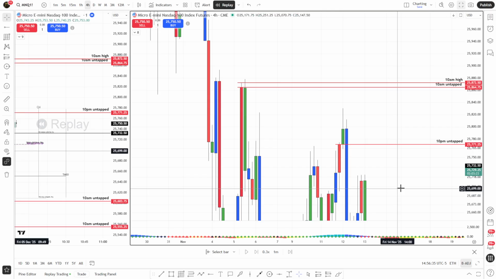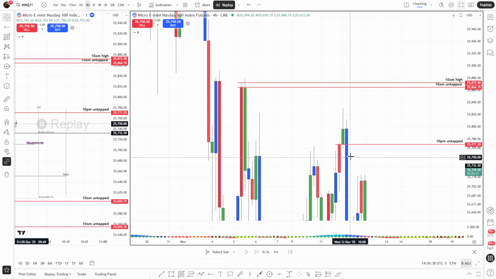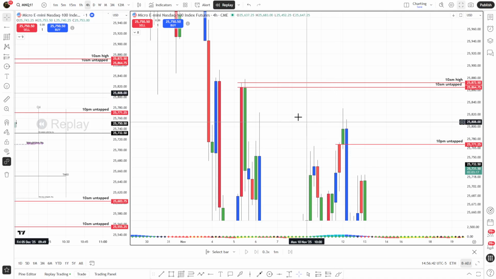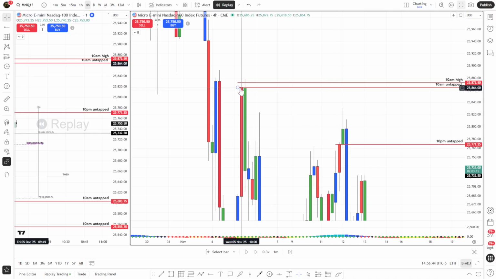So these levels were taken out by the 10 p.m. candle. Here's the next level that had not been tapped, and here's the next level that had not been tapped, and so on and so forth. Okay, so a close and a high.